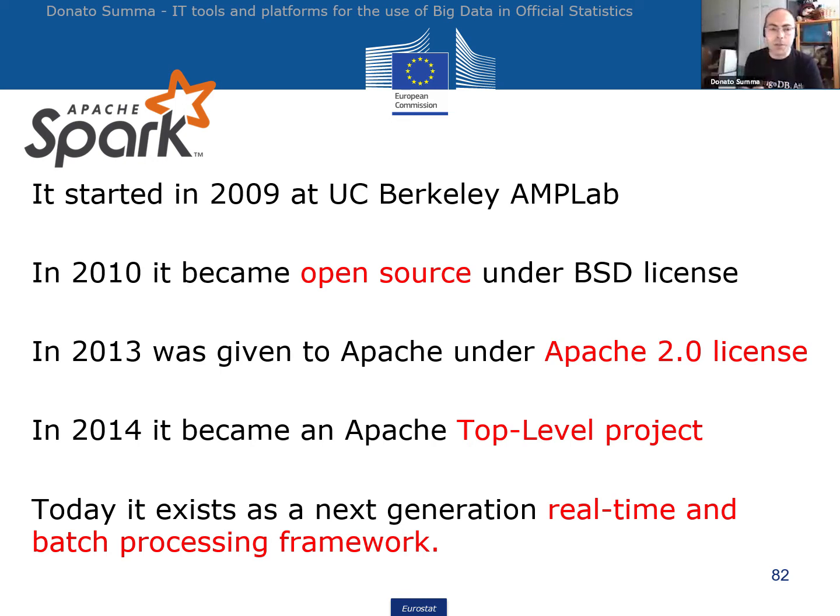In 2010, it became an open source project under BSD license. In 2013 it was given to Apache under Apache 2.0 license. In 2014, it became an Apache top-level project, and today it exists as a next generation real-time and batch processing framework. So this means, in a nutshell, that Spark is something that is really important.